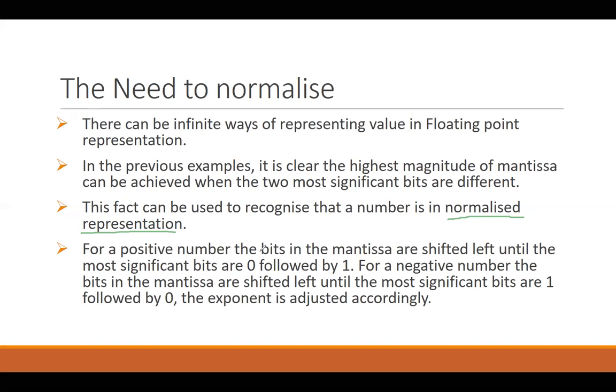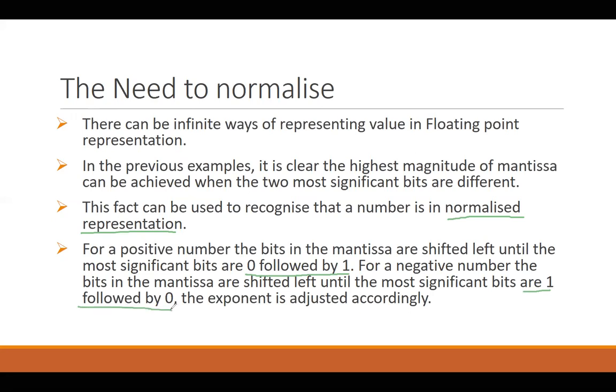For a positive number, we would not just randomly place a binary point anywhere in the value. We would find the place where the first pair of alternating bits 0 and 1 comes up, and this is where we are going to place a binary point. For a negative value, we would again look for the pair of alternating bits, but in case of the negative value, the alternating bits would be 1 and 0.